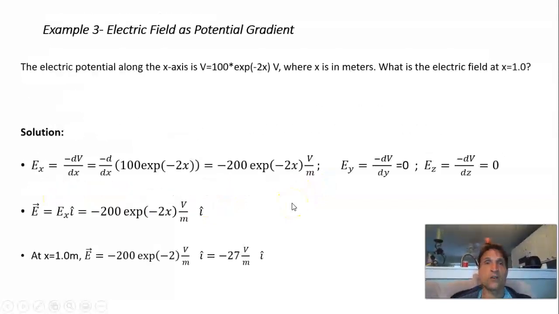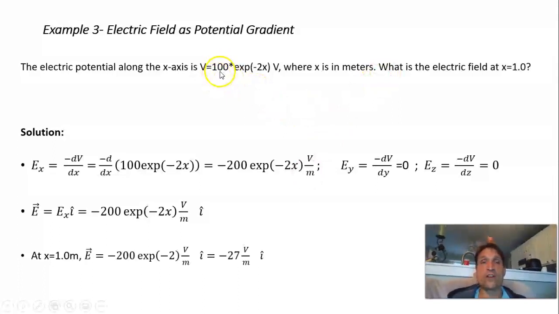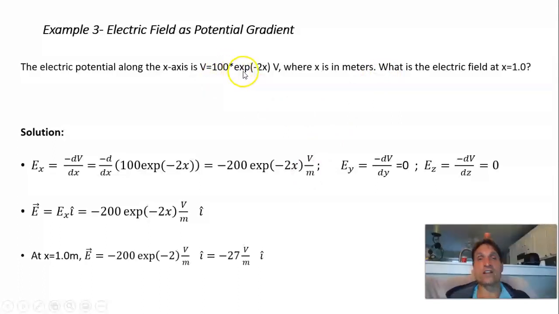So let's again do some examples here. Let's suppose that we know the mathematical equation for how the voltage depends on position. In this case, V is 100 volts times e to the negative 2x. So the voltage only depends on x.